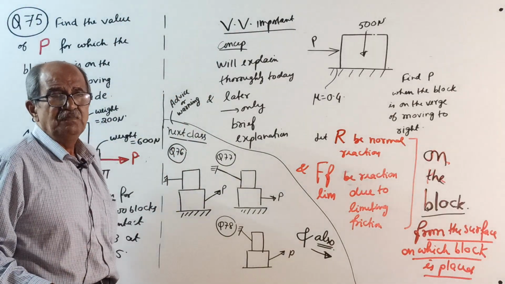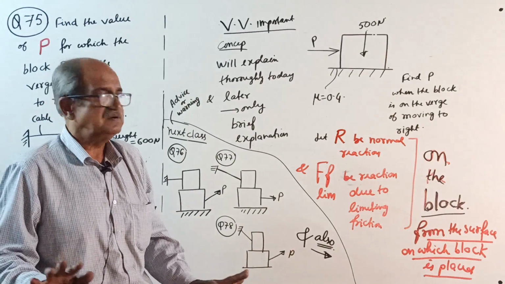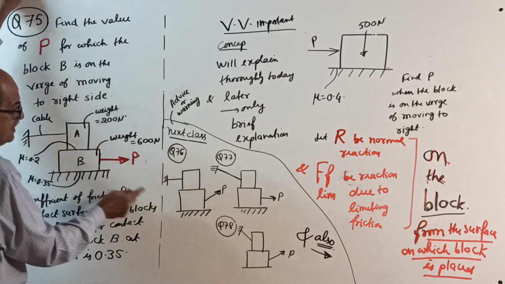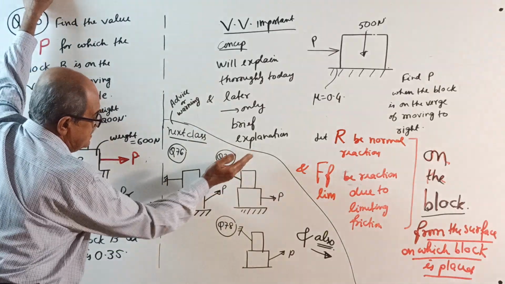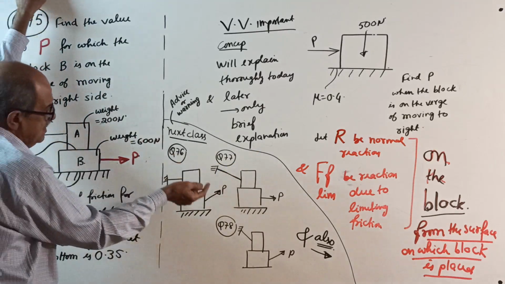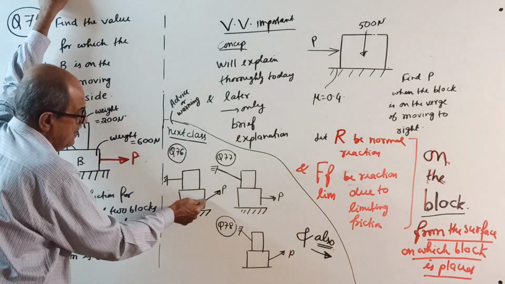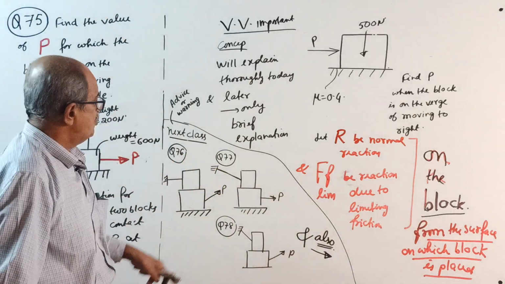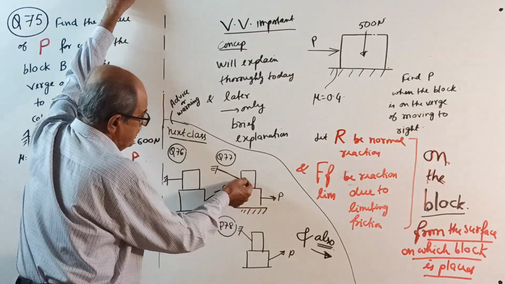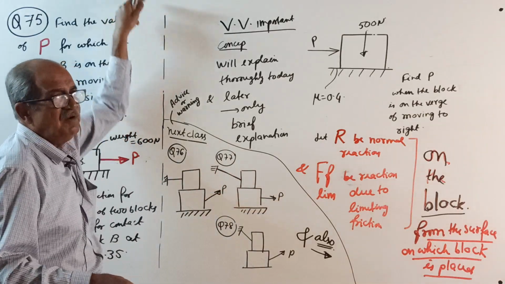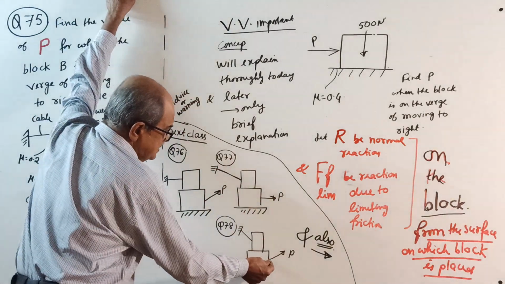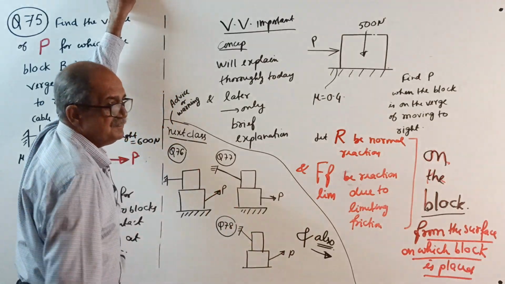I will change the arrangement, but you should take all as independent questions. In 76, the cable is still horizontal, but the force P is inclined. Question 77, next class: force is horizontal, but cable is inclined. What angle, I will tell you in the next class. Question 78: force is inclined, cable also inclined.